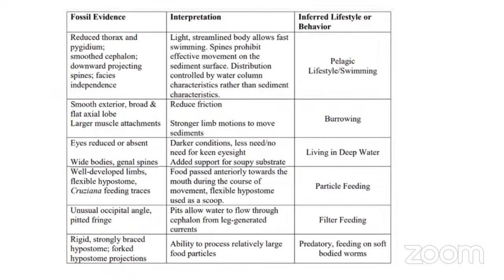We can use some of those features to try and interpret the lifestyle or behavior, the ecological niche each of them was occupying. So the trilobite, bless you, did so many different things. Even though they look similar, once you have a trained eye, you can see they're actually quite different.